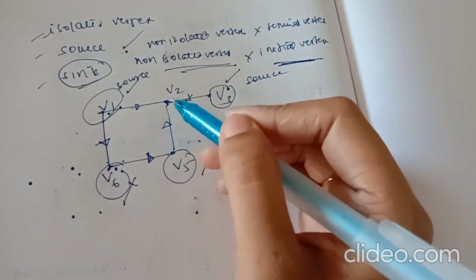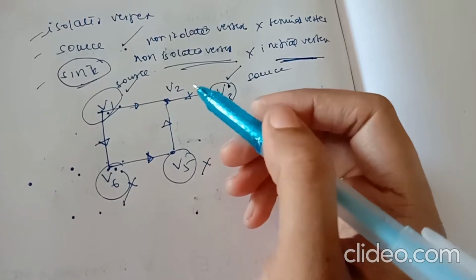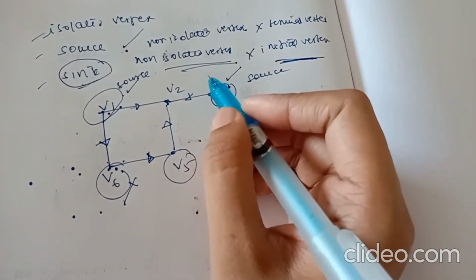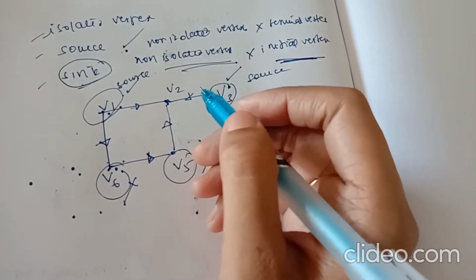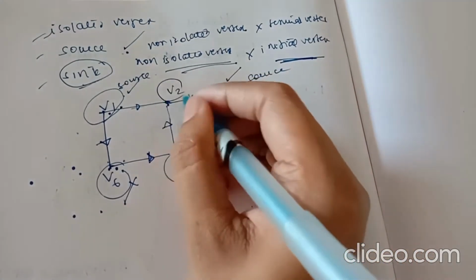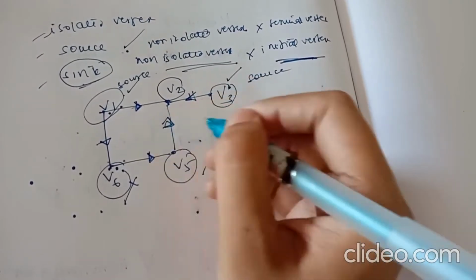So from this diagram, can you tell me which vertex is a sink? As per the definition, it is not an initial vertex. That means there should be an edge reaching that particular vertex only. You can observe vertex V2. There are edges reaching this vertex only, in all the three directions.